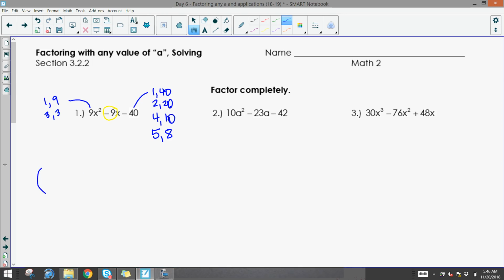So if you set up your two sets of parentheses, couple rules of thumb that I go by. Similar to yesterday, I try and use the numbers that are closest to each other, unless I see some really off numbers, like big numbers or something like that.